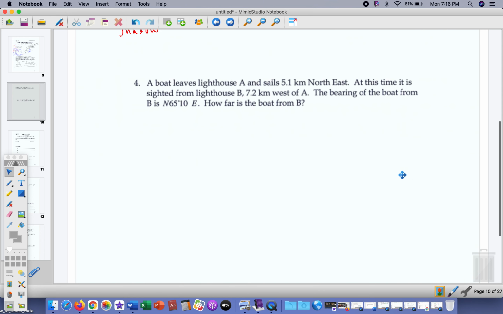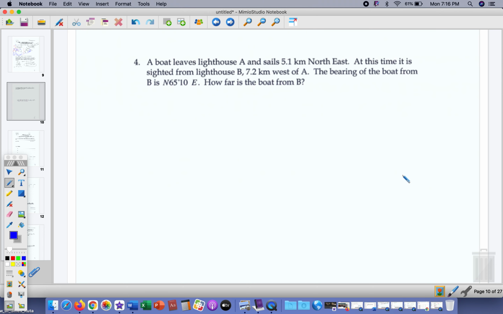And when we move on to the next problem, it says that a boat leaves lighthouse A and sails 5.1 kilometers northeast.